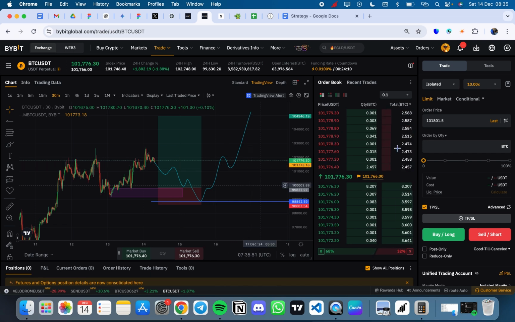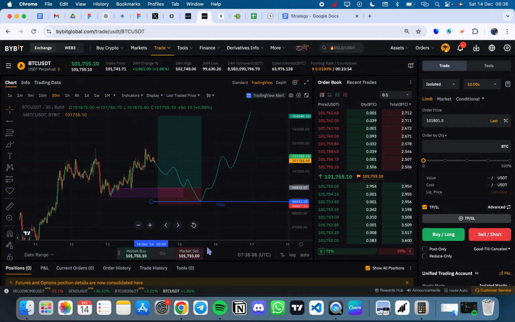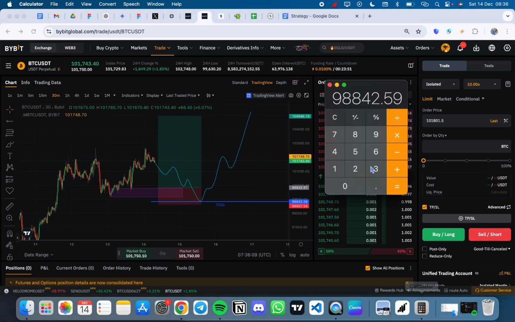Now let's look at what occurs if we use a 10x leverage. Remember, this is for our 100x leverage. So let's see what happens when we want to use a 10x leverage. Let's pull up our calculator one more time.